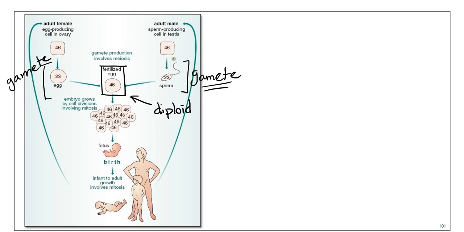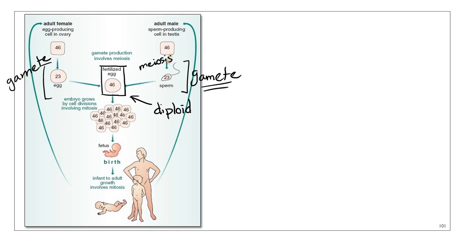So what we're going to look at today is this particular process: how do we produce gametes? How do we go from a cell that contains 46 chromosomes in the male and the female, to 23? This process, going from 46 chromosomes in a cell to 23 chromosomes in a cell, is called meiosis.